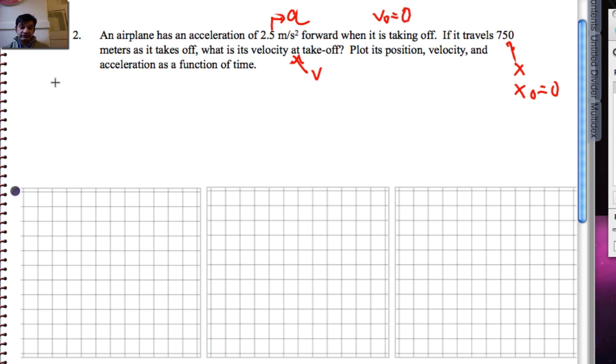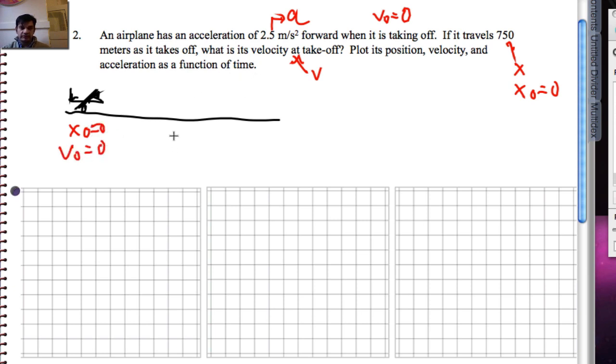And once again, let's just draw our picture. So we'll have an airplane. Beautiful airplane. So we're going to label our letters. We'll have our position, x naught is 0, v naught is 0.